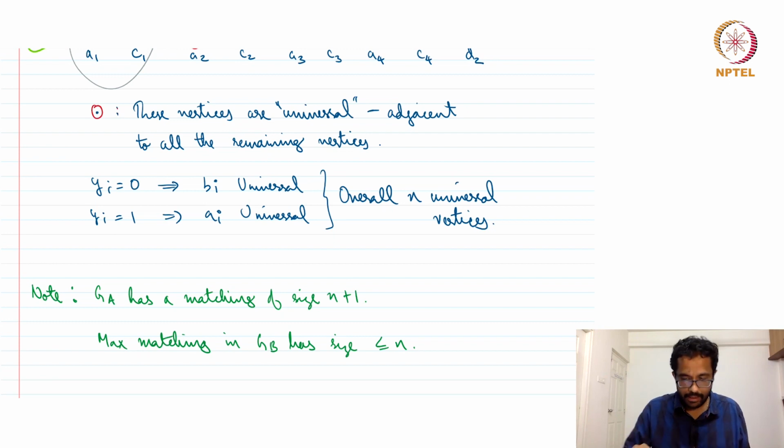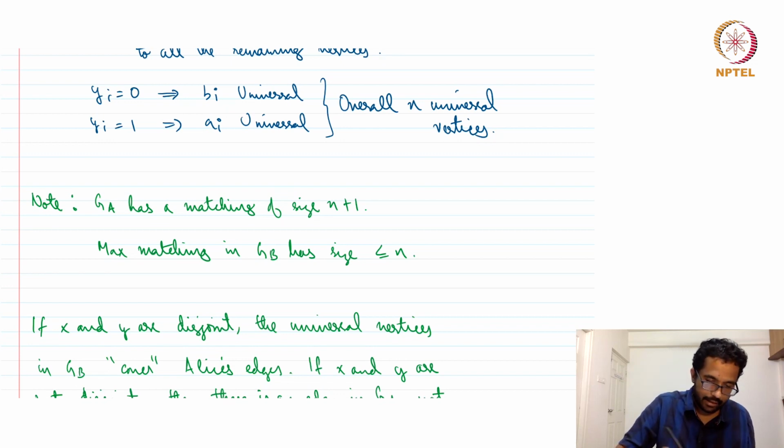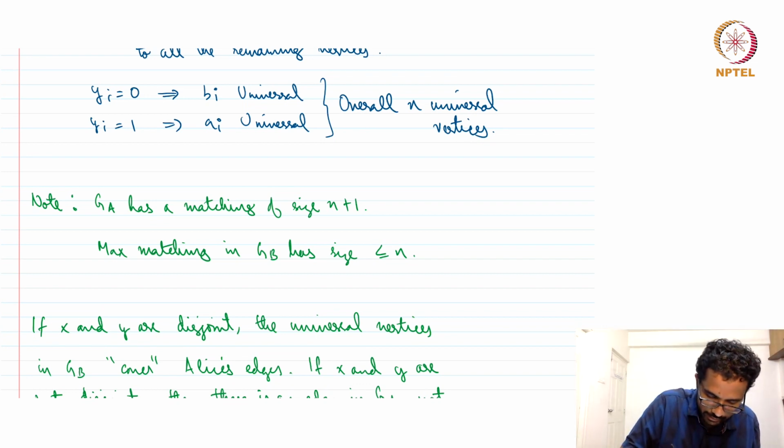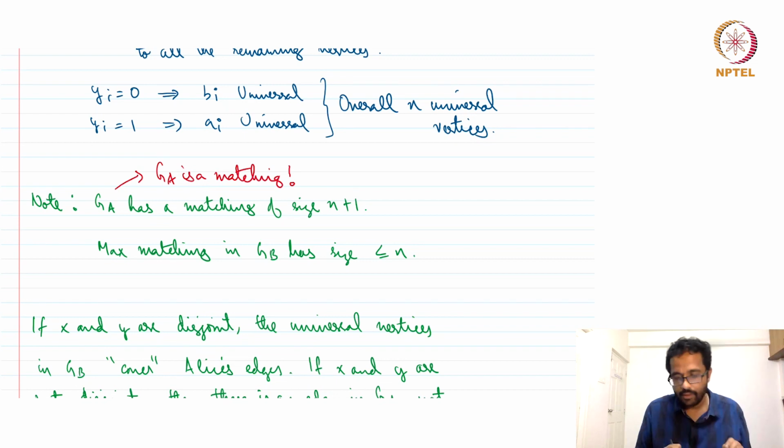So any matching in Bob's graph GB has size at most n, and GA has a matching of size n plus 1. In fact, GA itself is just a matching. There is nothing else. But any matching in GB is of size at most n.